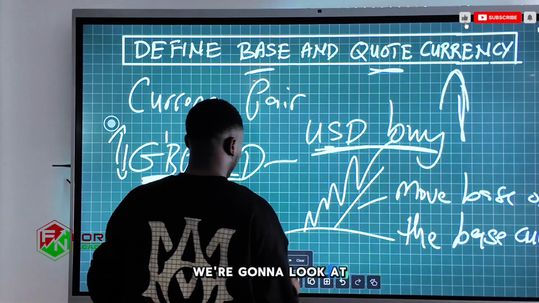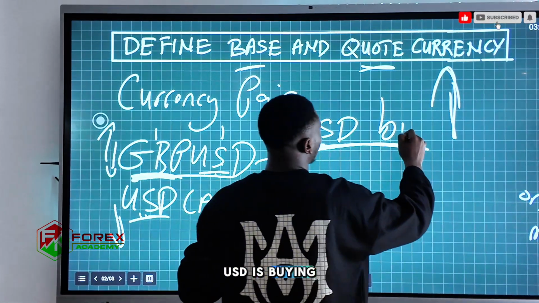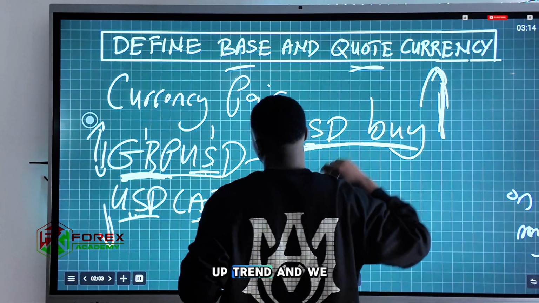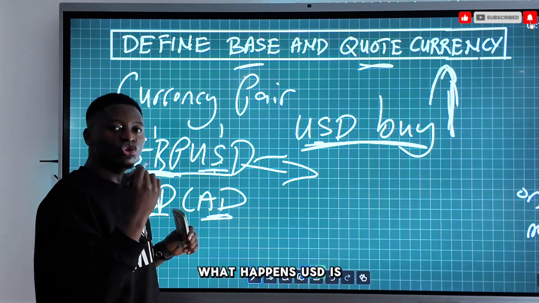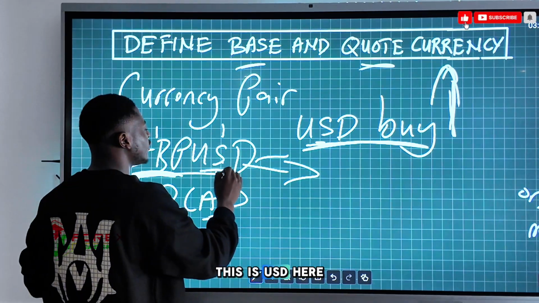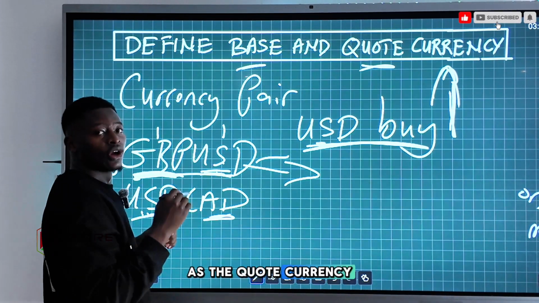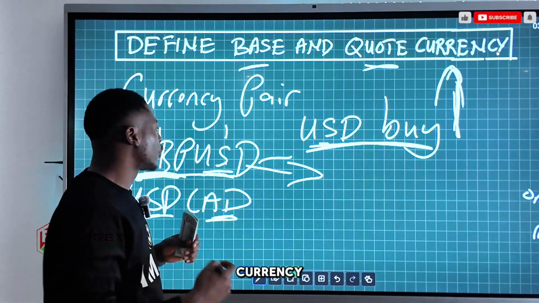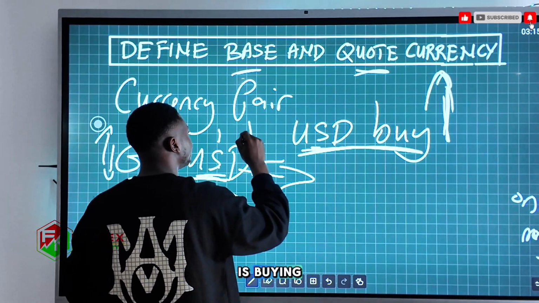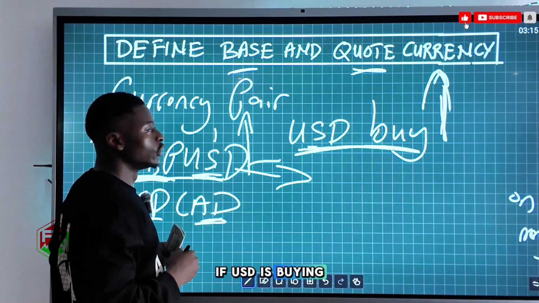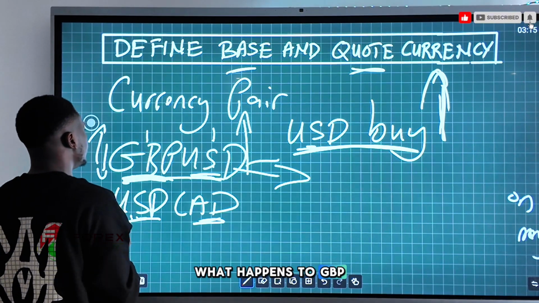We're going to look at USD is buying, USD is on an uptrend, and we want to trade GBP USD. What happens? USD is buying. This is USD here as the code currency. Remember, the chart moves based off the base currency. USD here is the code currency and USD is buying. If USD is buying, what happens to GBP?